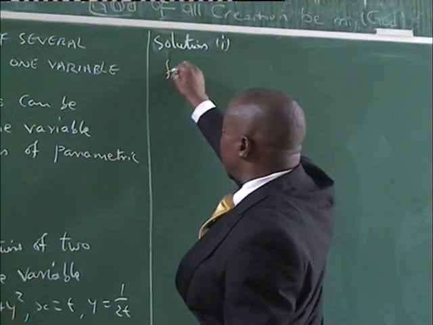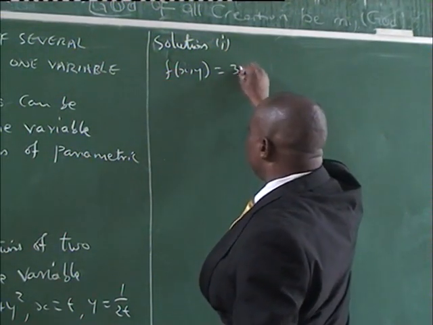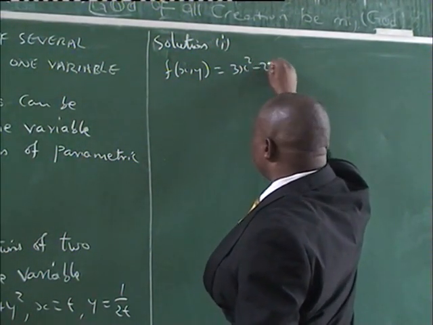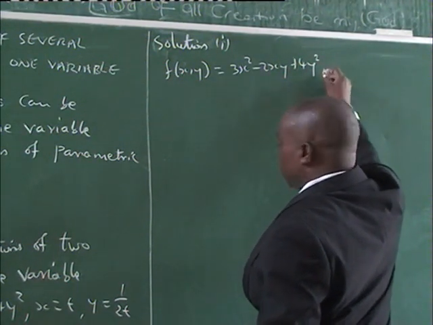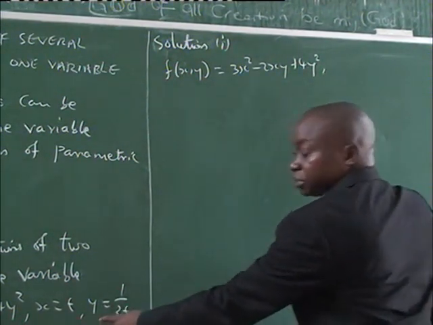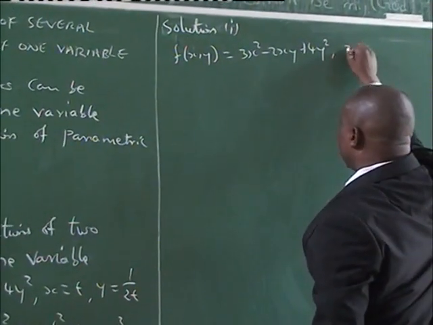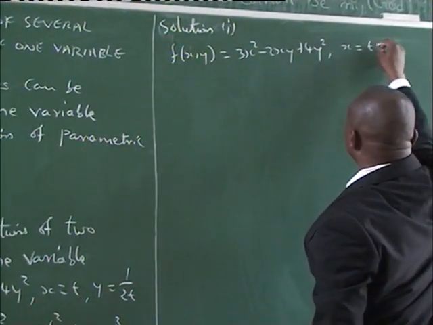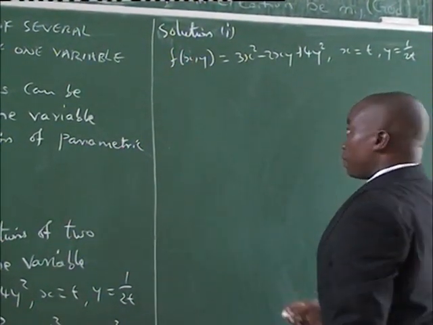We have f of x, y is equal to 3x squared minus 2xy plus 4y squared, and we are given this parametric equation. This is what we call a parametric equation: x is equal to t, and then y is equal to 1 over 2t.